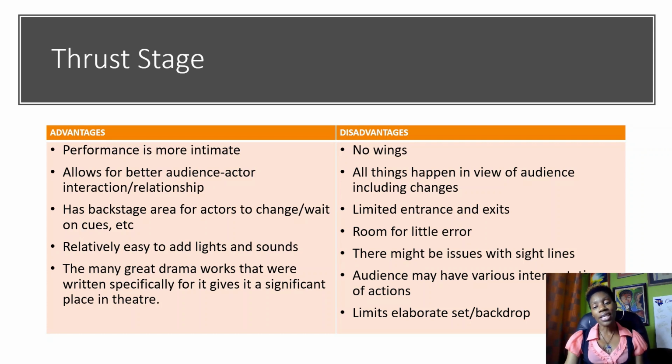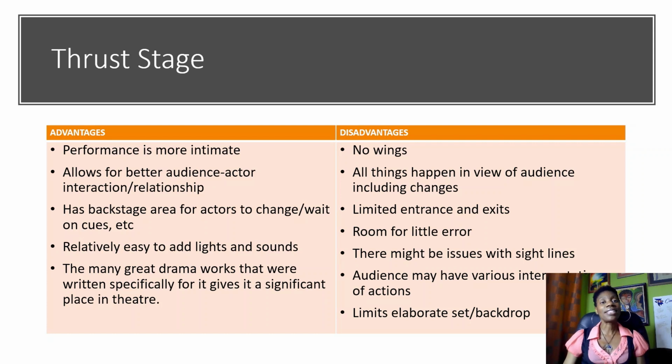With the thrust stage, there might be issues with sight lines. Reason being, remember, the audience sits around the stage. And because the audience sits around the stage, they're always going to be seeing different things, and the actor can only turn his or her body one way at any given time. And so at any point, the performer's back will be to some members of the audience.